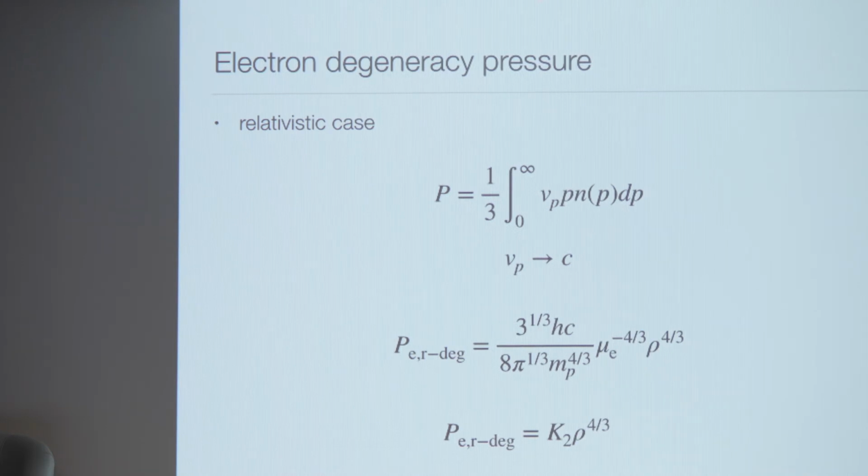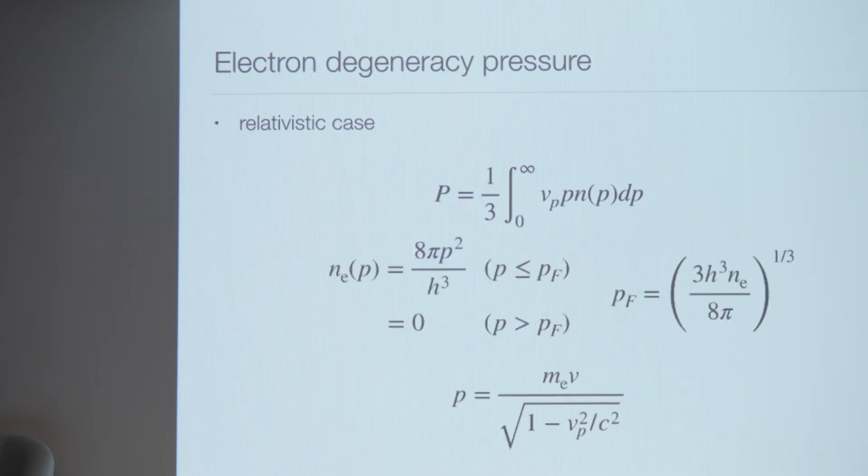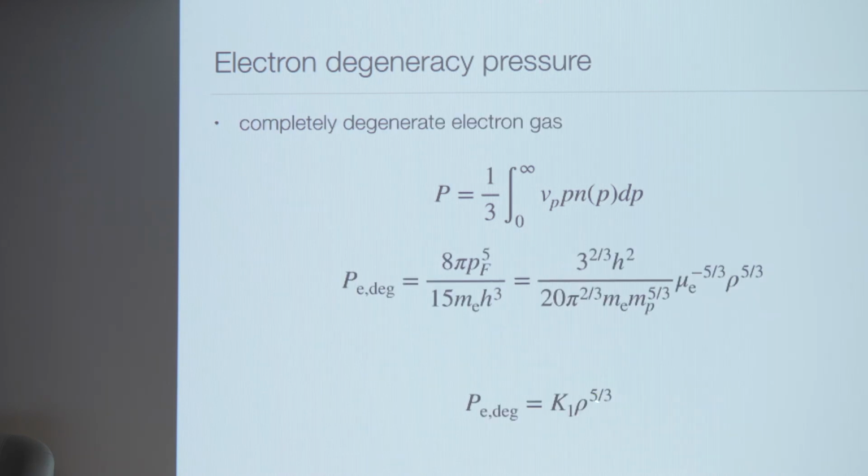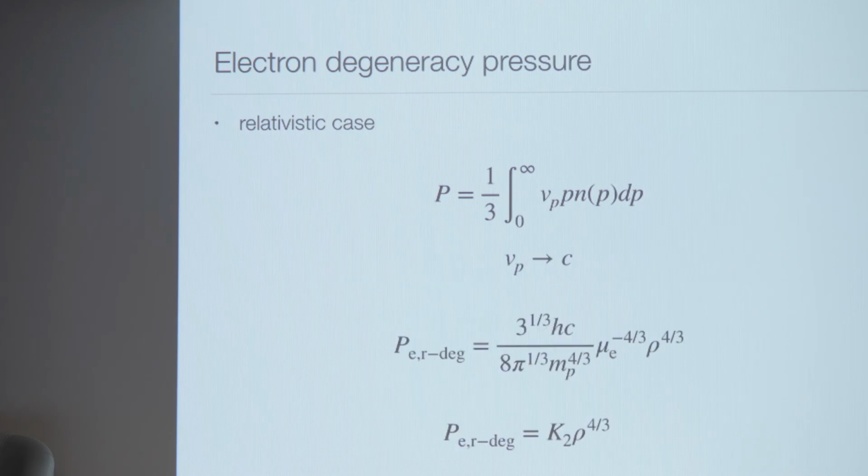So that leads to, in the relativistic case, the equation of state for the degenerate electron gas will be like this. This is still only related to the density, but the power is different. Previously it was 5/3, but what we have for the electron relativistic case will be 4/3, and this difference will be important.